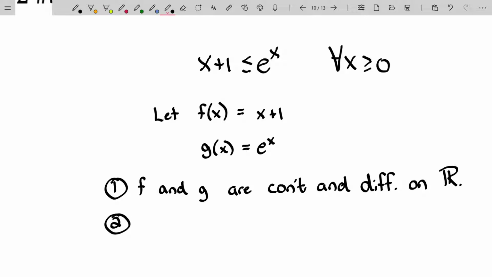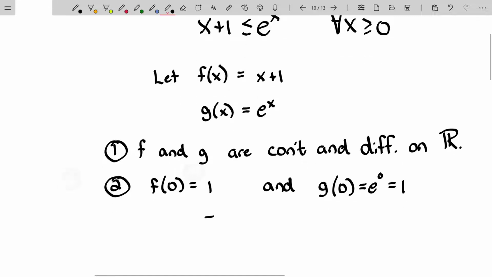The second condition is that you need their initial values to be the same. Technically, you could have the faster function have a larger initial value, but we're just going to do it this way. So this implies f of 0 is equal to g of 0.